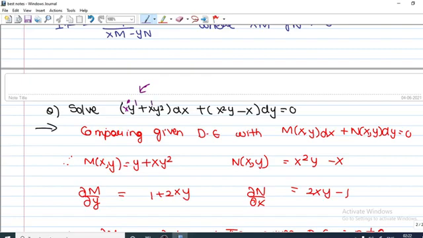Here x power is 1, then y power is 2, always with the dx one. While in the bracket of dy, x power will be greater than y. Like here it is 2, this is 1. Here it is 1, then y power is 0. So in the dy bracket x will be greater, while in the dx bracket y will be greater. So this is the trick to identify.